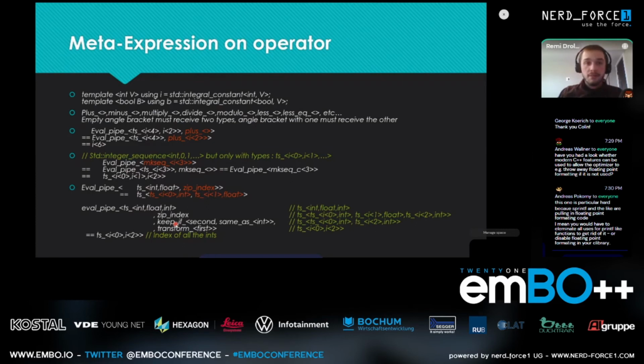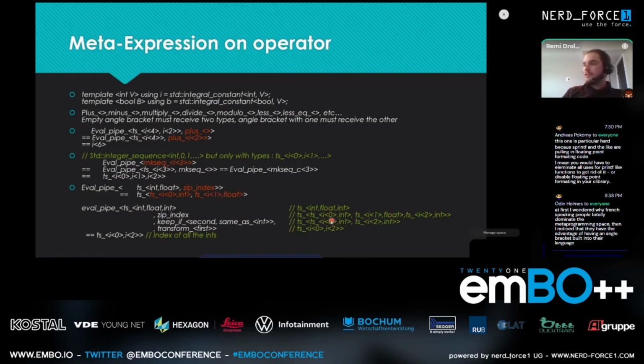I want to only keep them if the second one, which is the type, is the same as int. So at this point I remove this float because the two others are int, and I'm left with TS of E0 int, TS of E2 int. And then I transform it and just take the first because I want to just get the index of all the ints. So TS E0, E2.